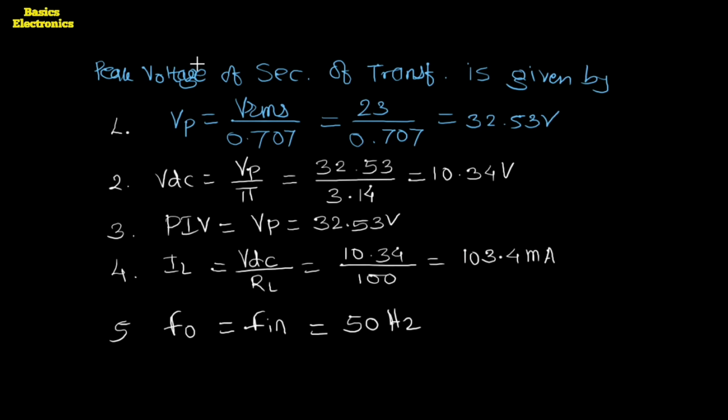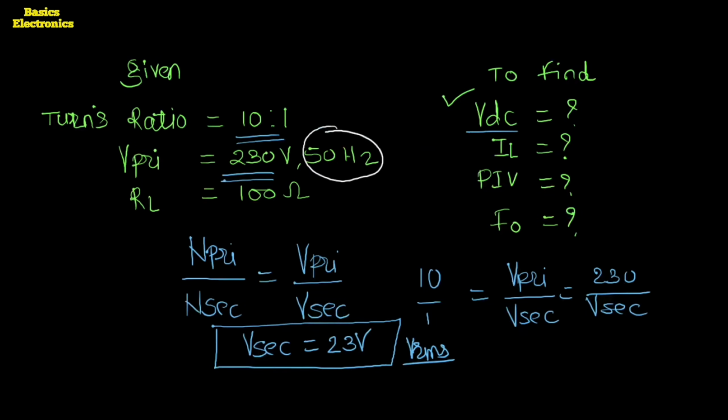Sometimes they may give the number of turns of the primary and secondary windings instead of the turns ratio. You can also calculate using the same formula which we saw earlier. The formula is N primary upon N secondary equals V primary upon V secondary.